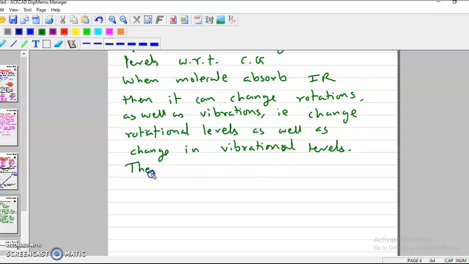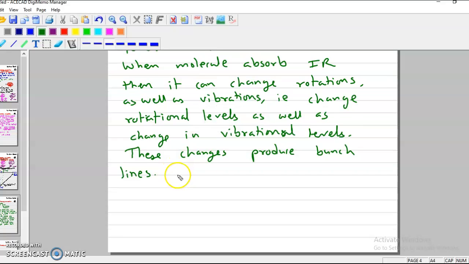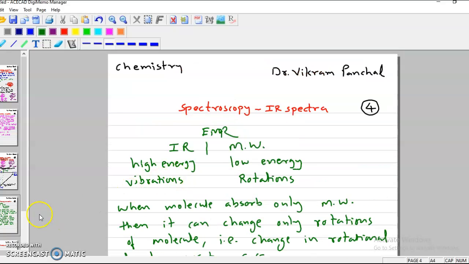These changes produce a bunch of lines. Okay, let us see how these vibrational and rotational levels are changed.